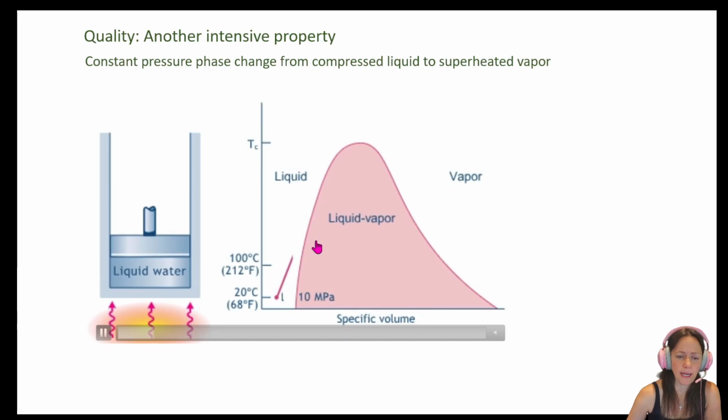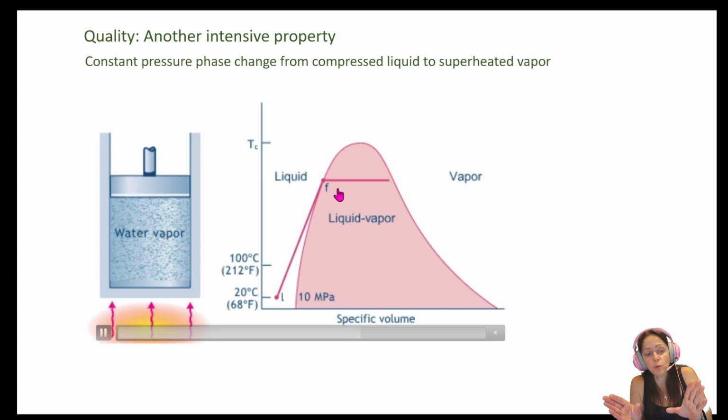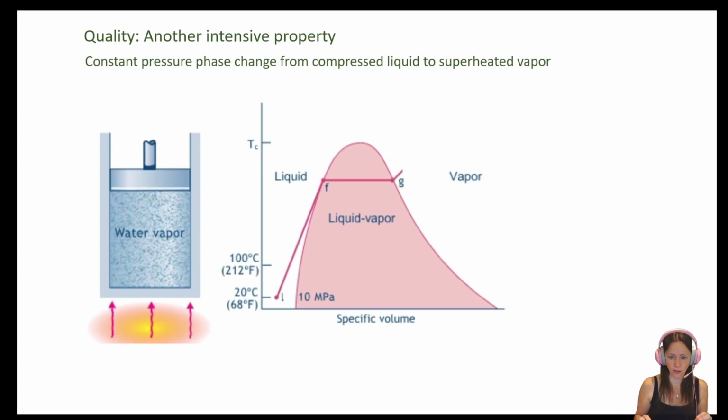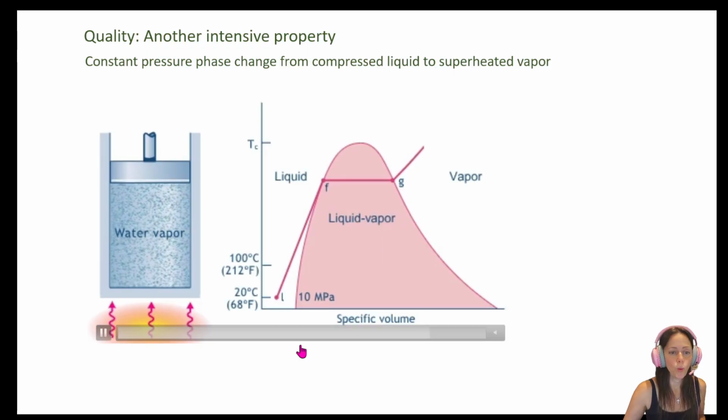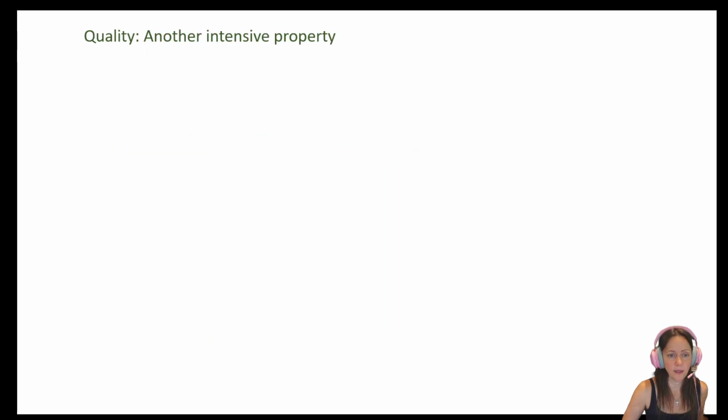Well, let's kind of look. As we hit this saturated liquid line, we start to go through a phase change, and we go into that two-phase region, and we have two things there, gas and liquid. As we move to the right, we have more and more gas and less liquid, okay? So quality is going to tell us something about that ratio.